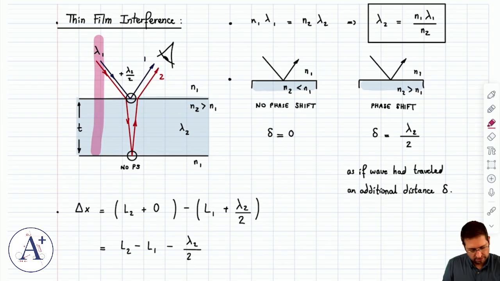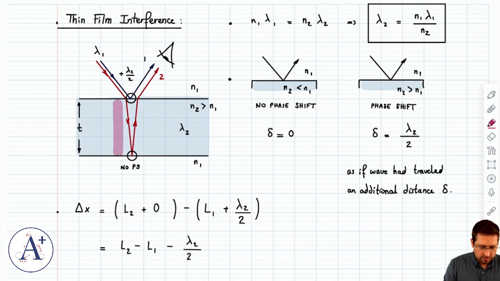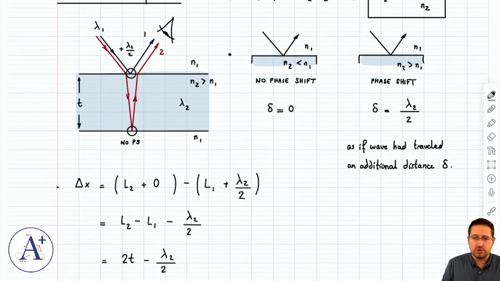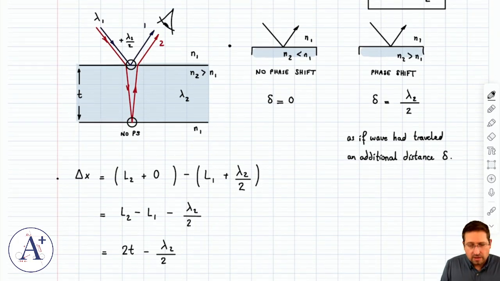They all come in like this and then reflect off. So how much more distance did ray number 2 travel in the film? 1 thickness down, 1 thickness up. That's 2t, and so L2 minus L1 is 2t, minus lambda 2 over 2. There we go. So that's my delta x.